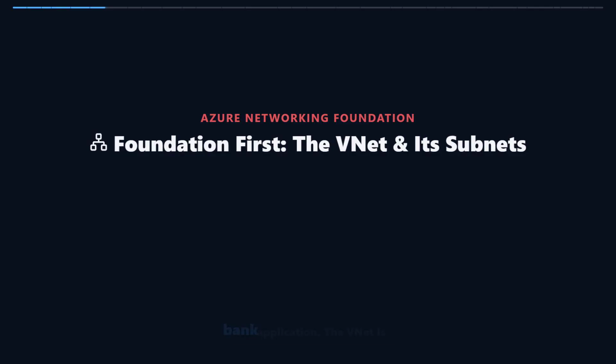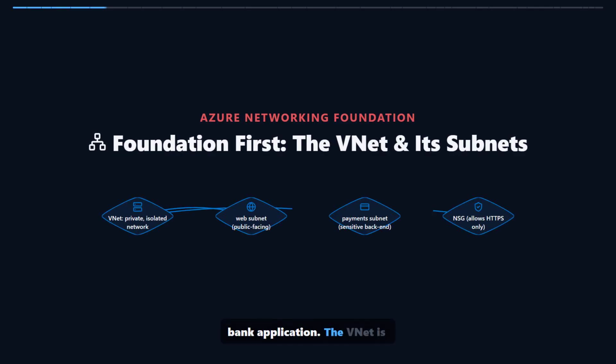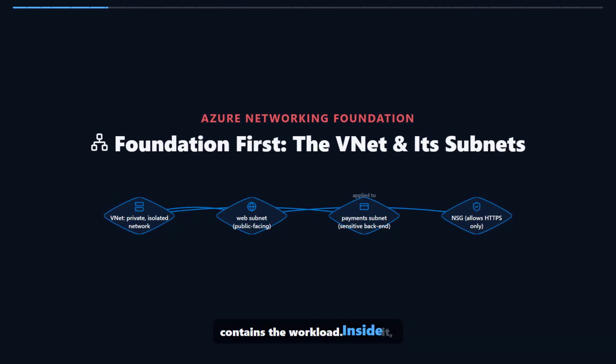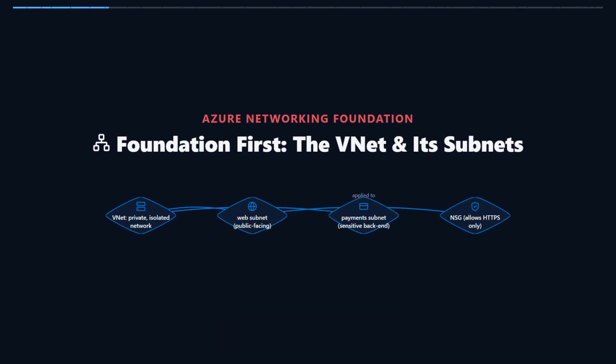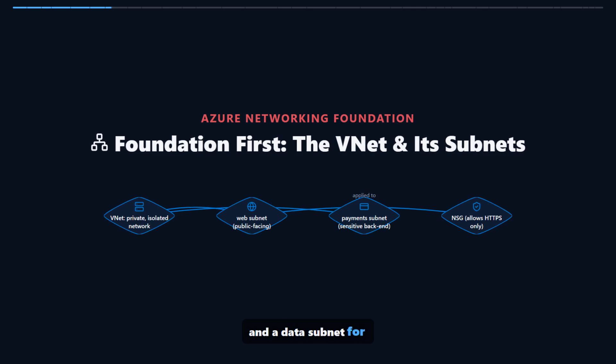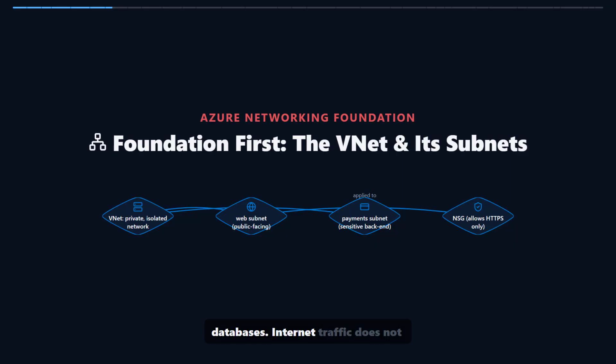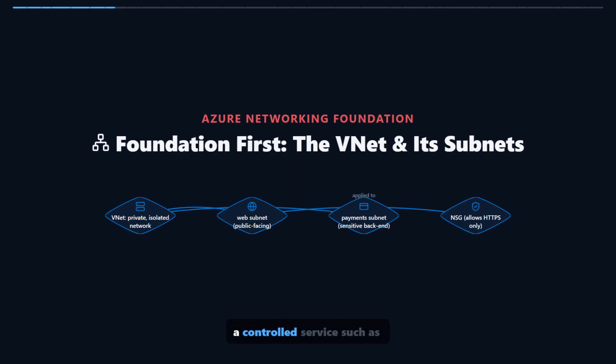Let's ground this with a bank application. The VNet is the private network boundary that contains the workload. Inside it, you might create a web-tier subnet for application servers, an application subnet for business logic, and a data subnet for databases. Internet traffic does not reach a subnet simply because you call it a web subnet. Traffic normally enters through a controlled service, such as Azure Application Gateway, Azure Front Door, or a public load balancer.